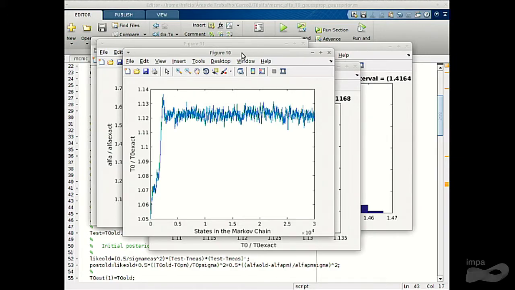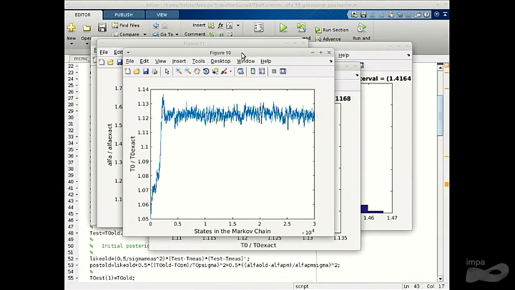The histograms are not actually centered around 1.5 because we had the likelihood working, okay? The likelihood was working, trying to bring the parameters to their exact value, because we wanted to appropriately represent the measured temperatures, okay?